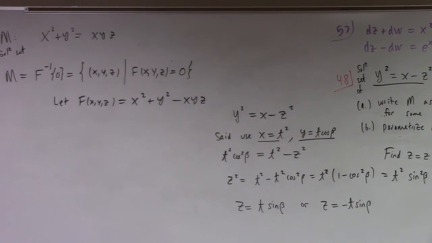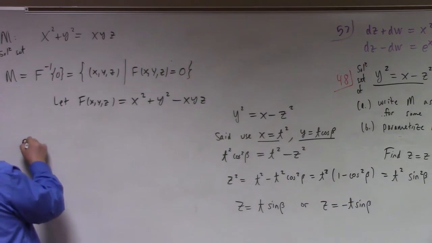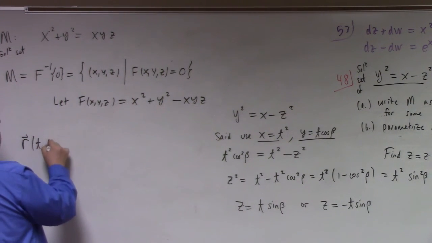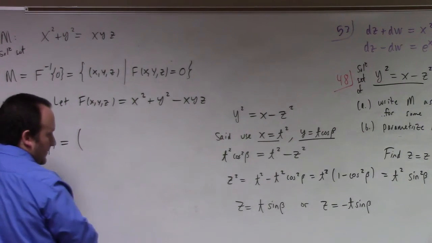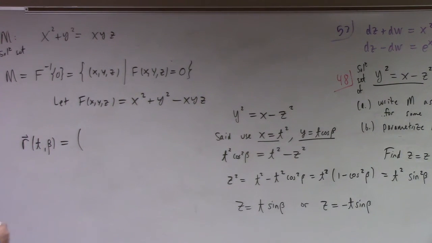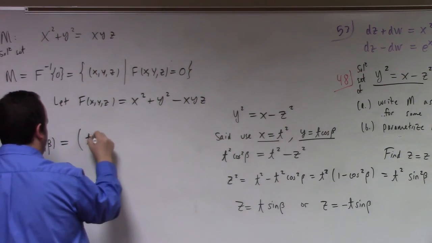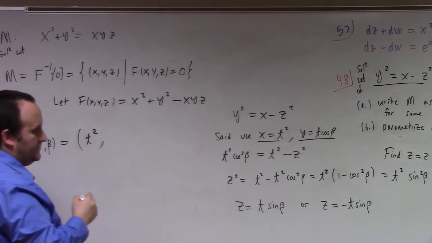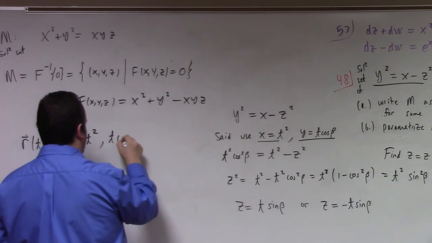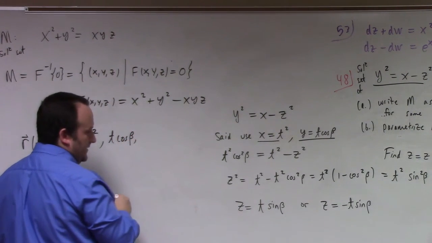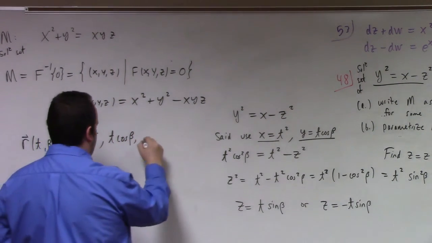But what do you think? I don't think it matters. I think we can make z equal to t sine beta, and then what would the parameterization be? We said x is t squared, y was t cosine beta, and then z is t sine beta.